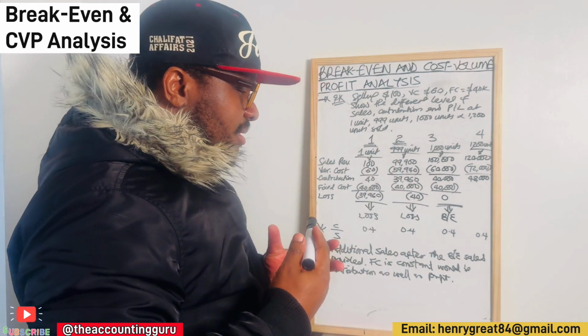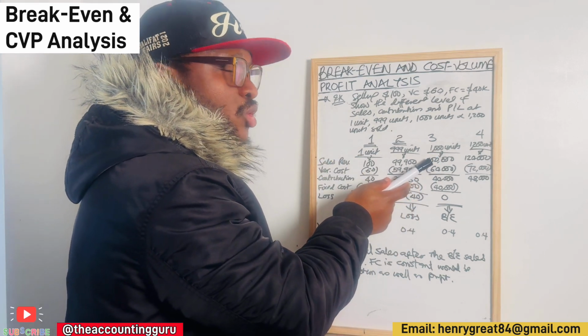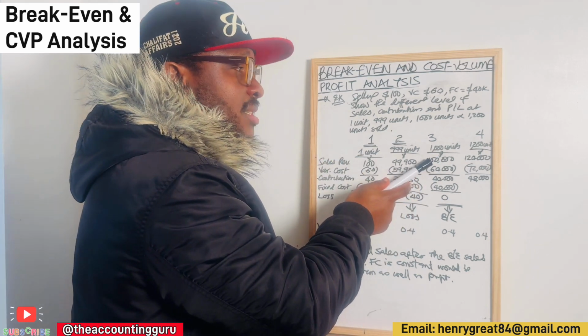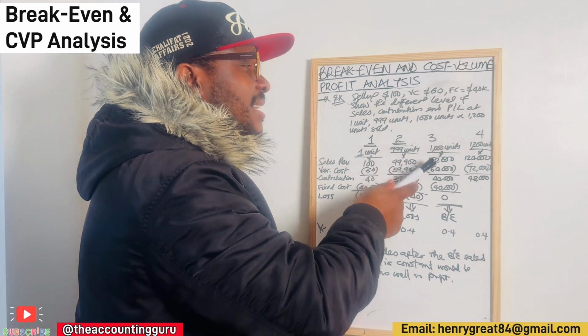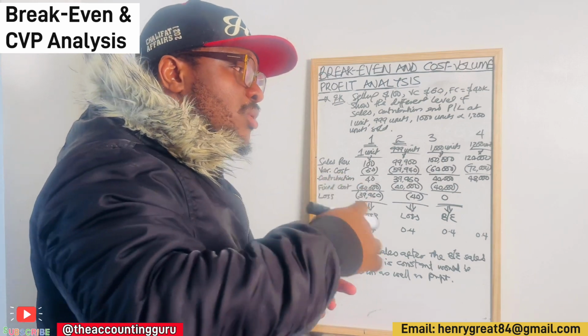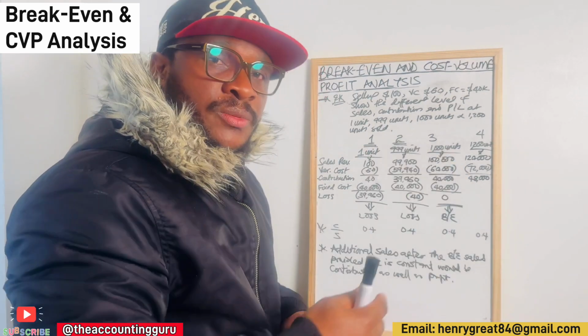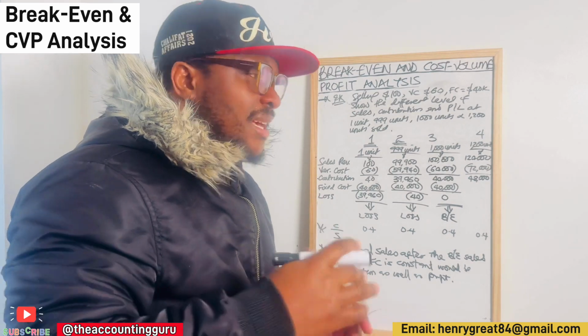Okay, if that is clear, we are now saying that any sale beyond this $100,000, any contribution calculated on that extra sale will not represent fixed cost. Is that clear?